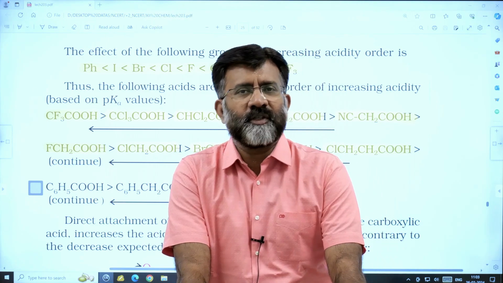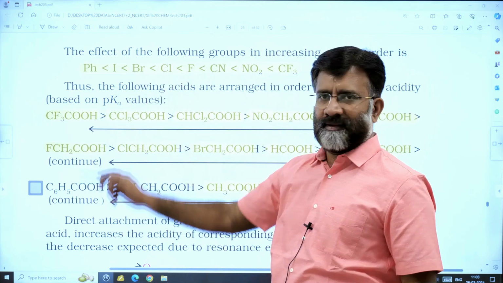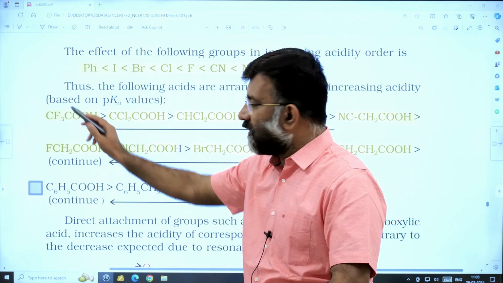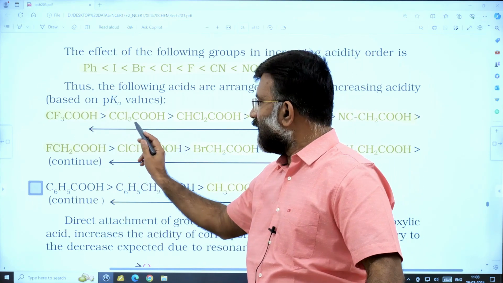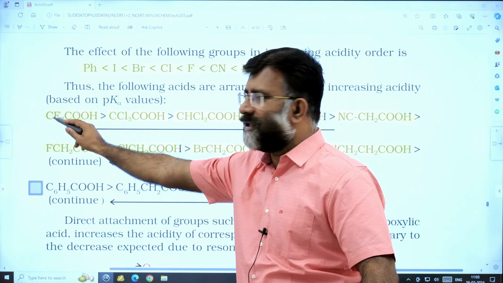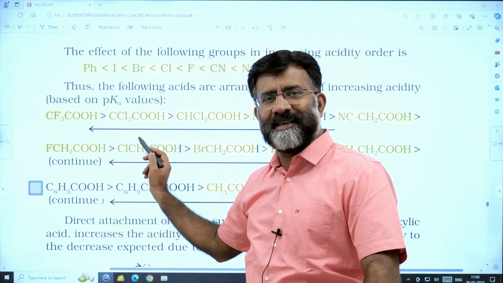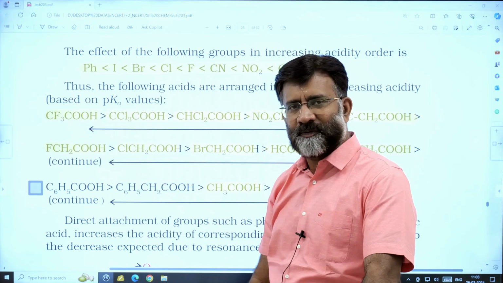You have to see which group is present, and how many of that group are present. You see, CF3, 3 fluorine. 3 chlorine, 3 fluorine. Fluorine is more acidic. When fluorine comes, CF3 versus CCl3, CF3 turns more acidic.